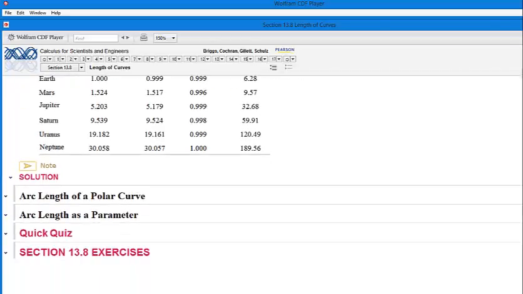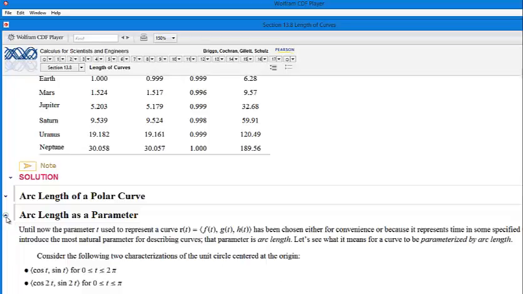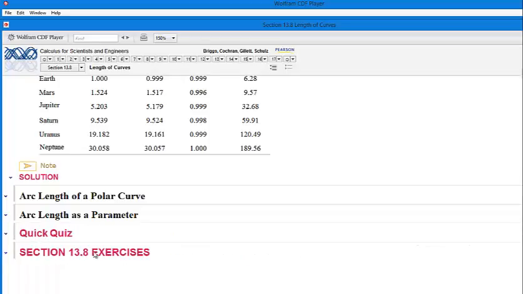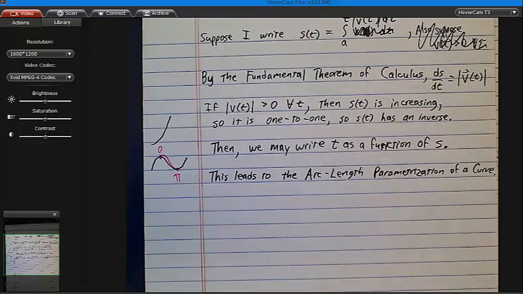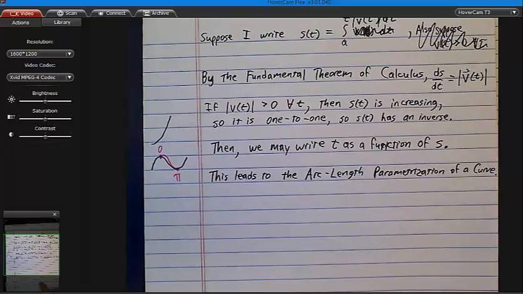And then, here's the other two sections besides arc length. Arc length of a polar curve, I didn't touch that yet today. We'll see if we have time. But I just talked about basically this third section. They do a lot of work on thinking about arc length itself as a parameter. And I feel like there's a lot of good ideas here, but I also felt like I might be able to sum it up a little bit for you.